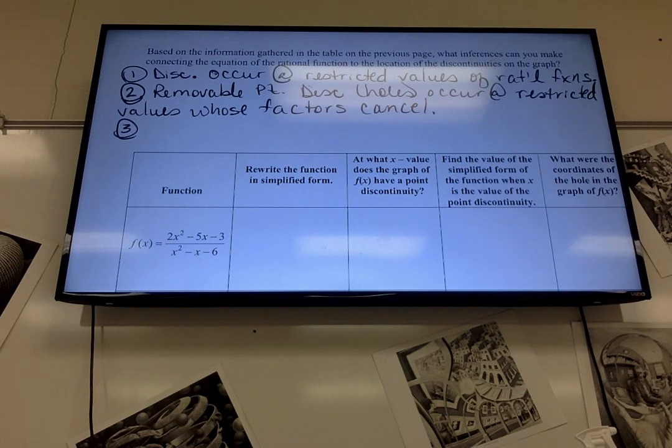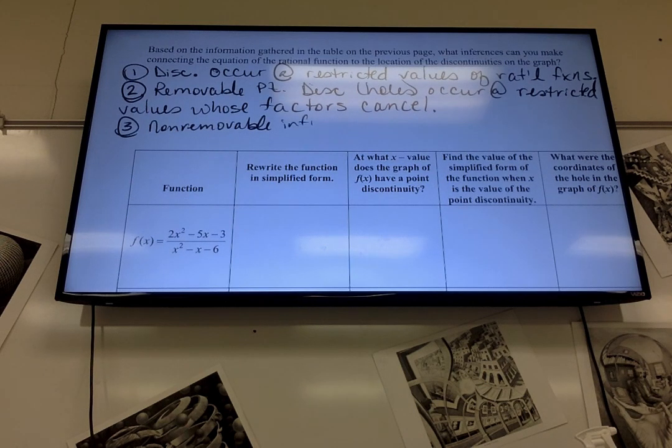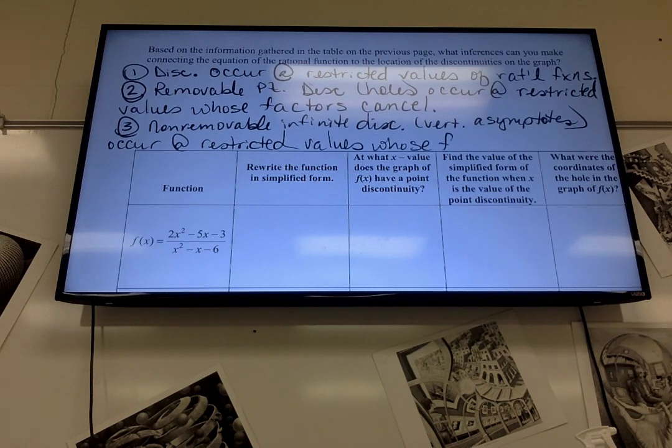And then non-removable infinite discontinuities, also known as vertical asymptotes, occur at restricted values whose factors do not cancel.